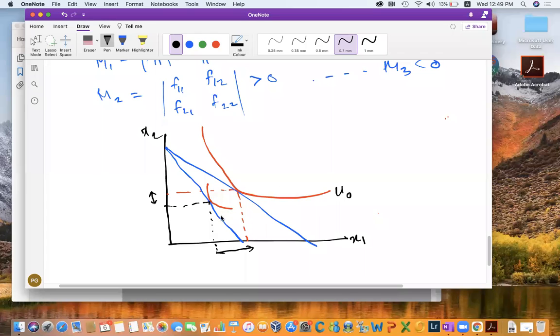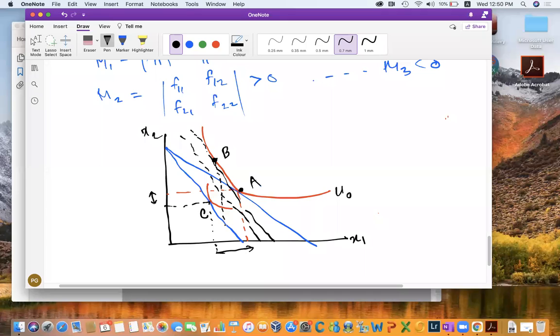Of course, that means giving some extra income, right? And as the government gives some extra income, there's a parallel shift of the new budget line in the outward direction. And you have to continue till you hit a point of tangency here, right? So the original point was A. After the price increase, the new point is C. But if enough compensation is given to push the consumer back to the old indifference curve, then we will reach point B, okay?